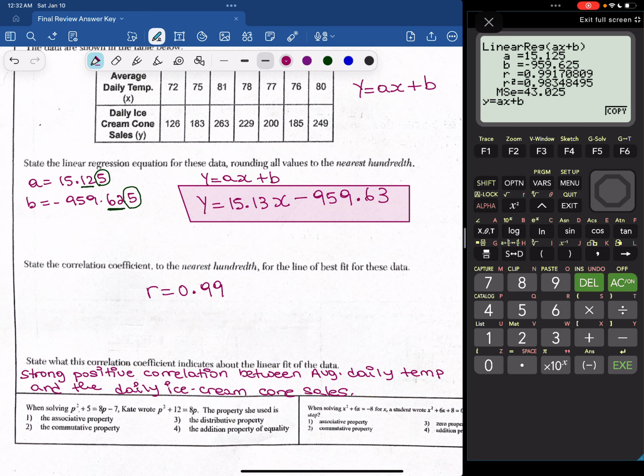And this makes sense, right? There would be a strong positive correlation because as temperature increases, ice cream sales increase, right? As the weather gets warmer, people tend to buy ice cream a little bit more. All right, and that's all there is for the linear regression question.